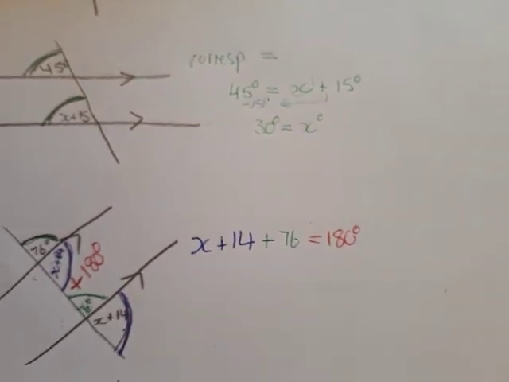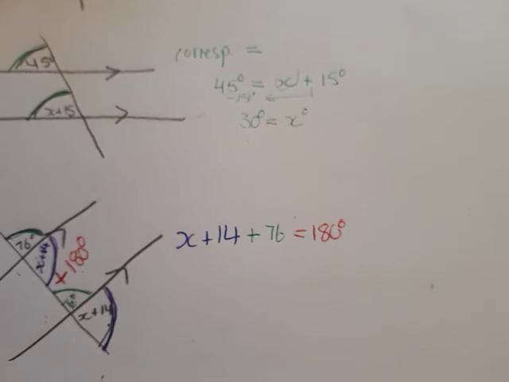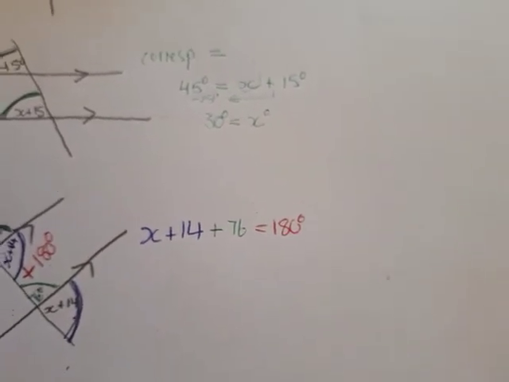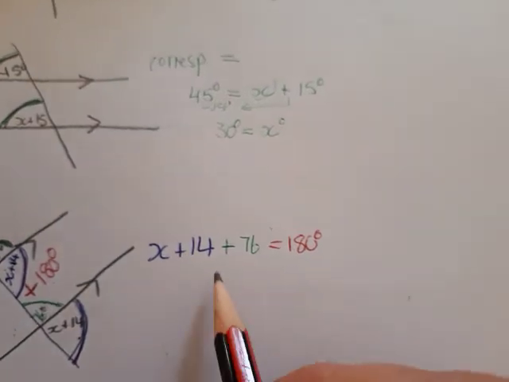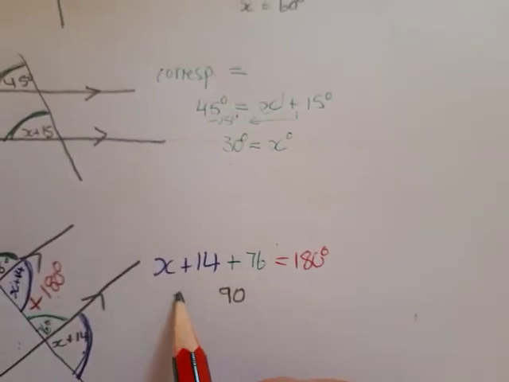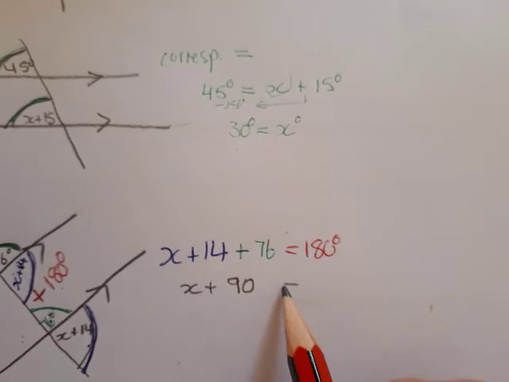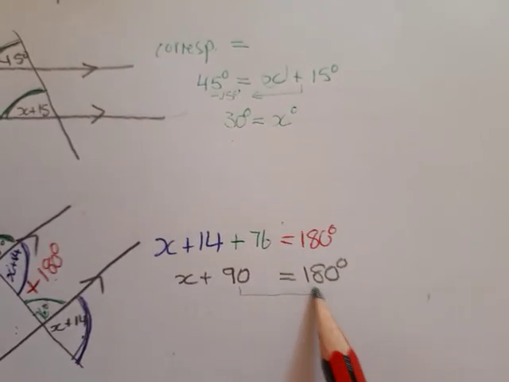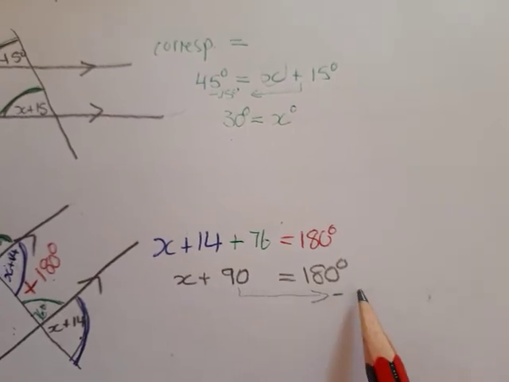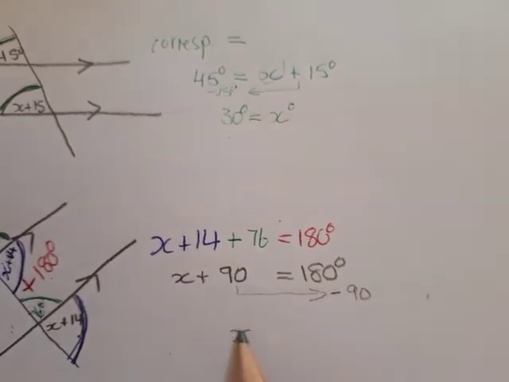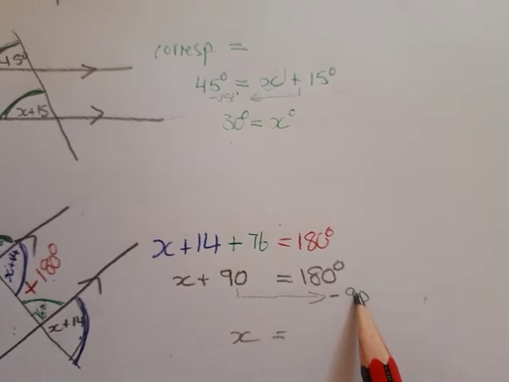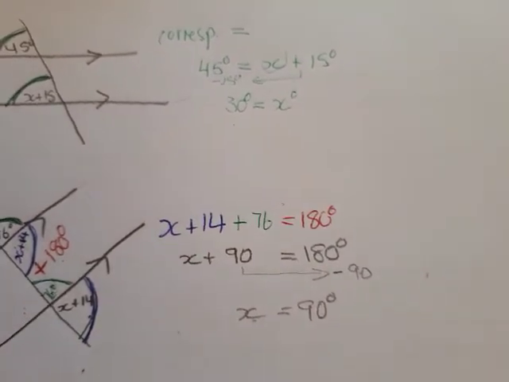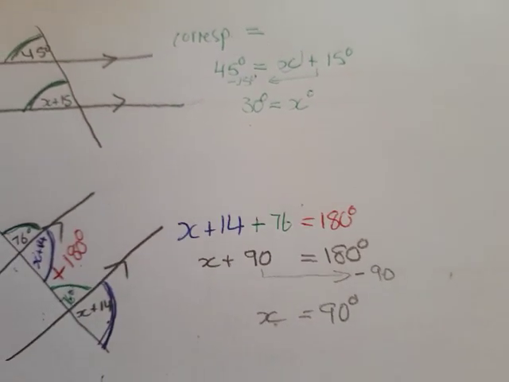Okay, and then we've got a linear equation again, meaning on the left-hand side, we can add the 14 to the 76, which is 90. Okay, then we have x plus 90 equals 180. Then we must move the 90 to that side, so it becomes negative 90, and then we have x equals 180 minus 90, which is 90 degrees, meaning your x is 90 degrees.